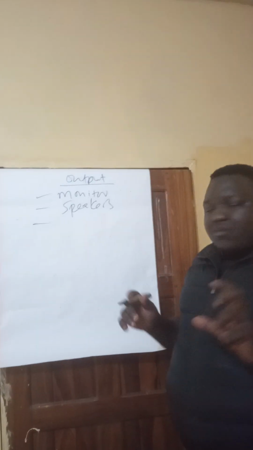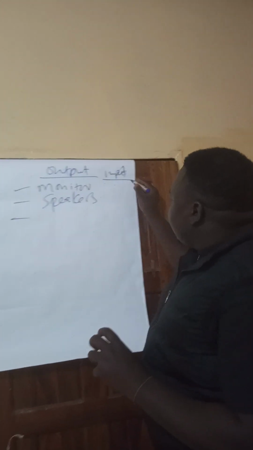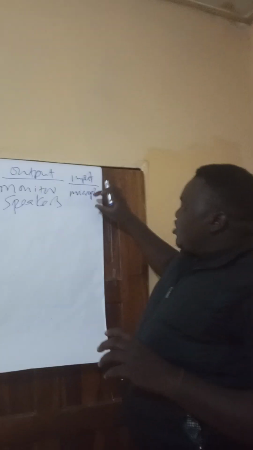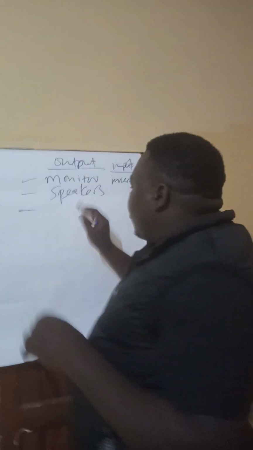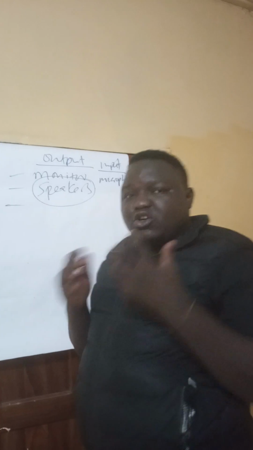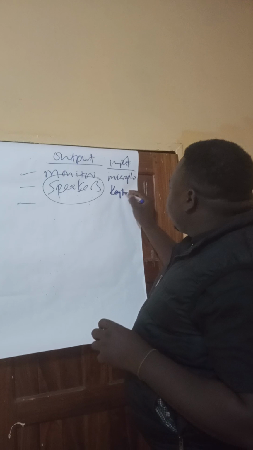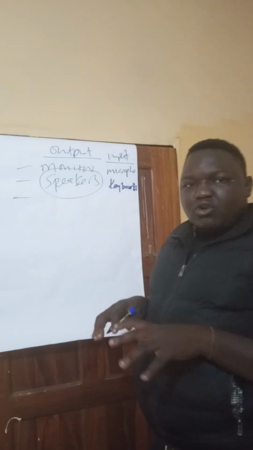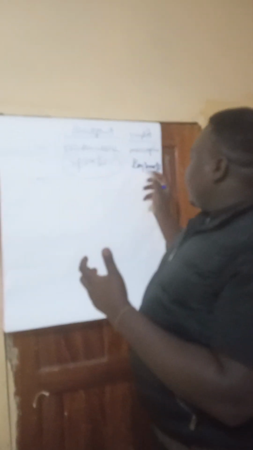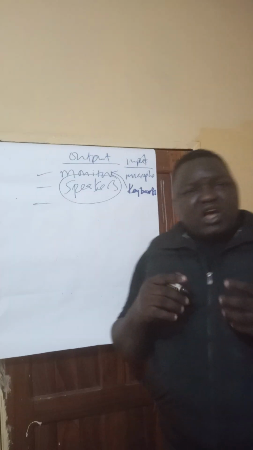For instance, remember we said under input, one of the examples was a microphone. When someone speaks into the microphone, the information is gotten as an output through the speakers. Another example was a keyboard. When someone types on the keyboard, we see that data through the monitor. These are what we refer to as the output devices.